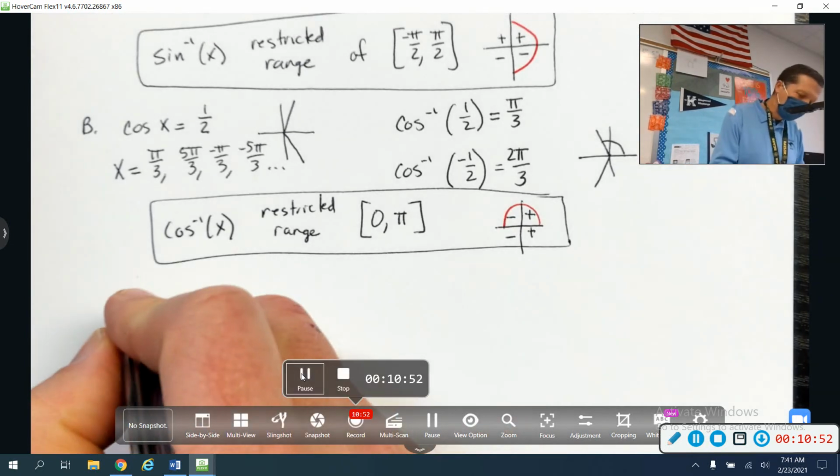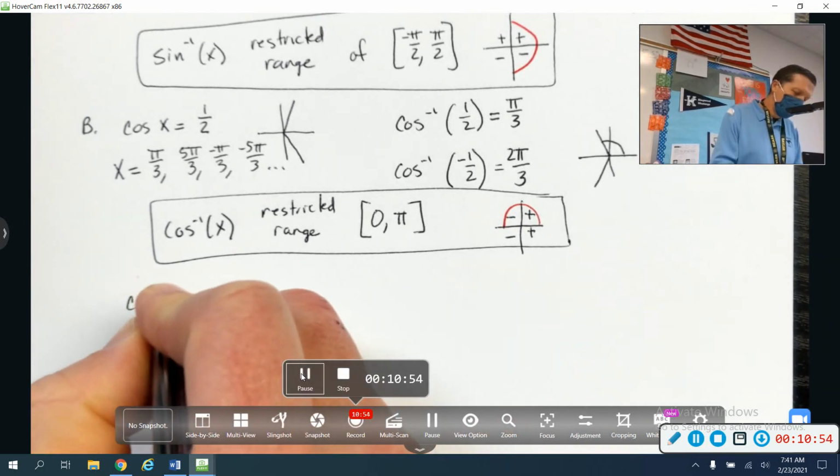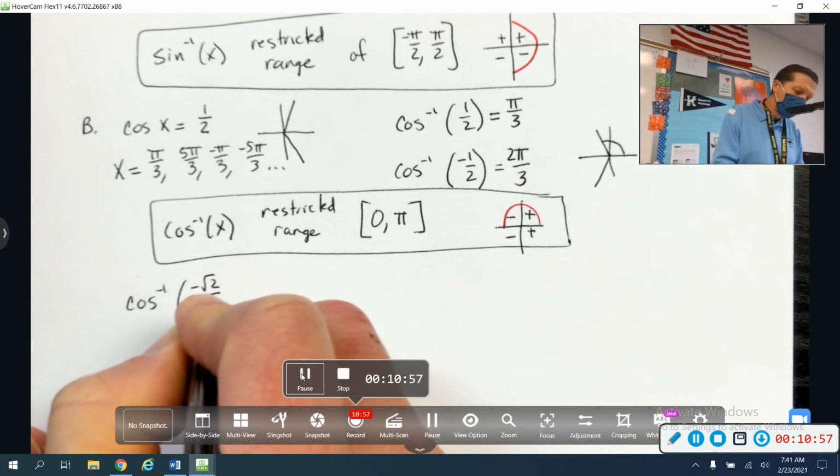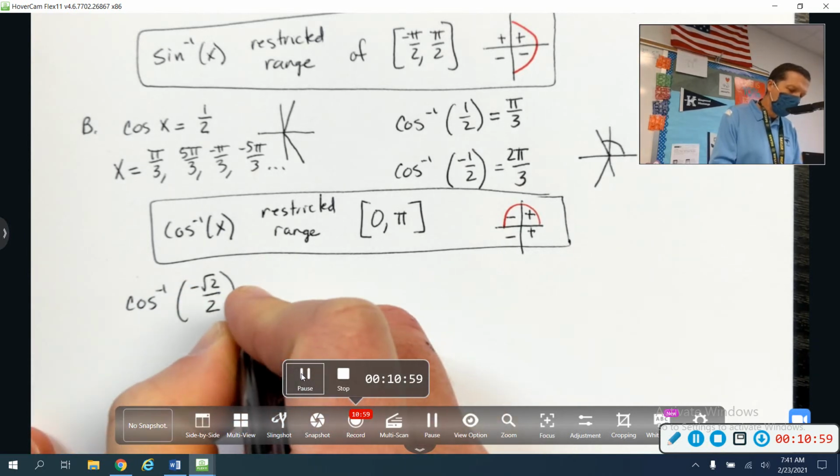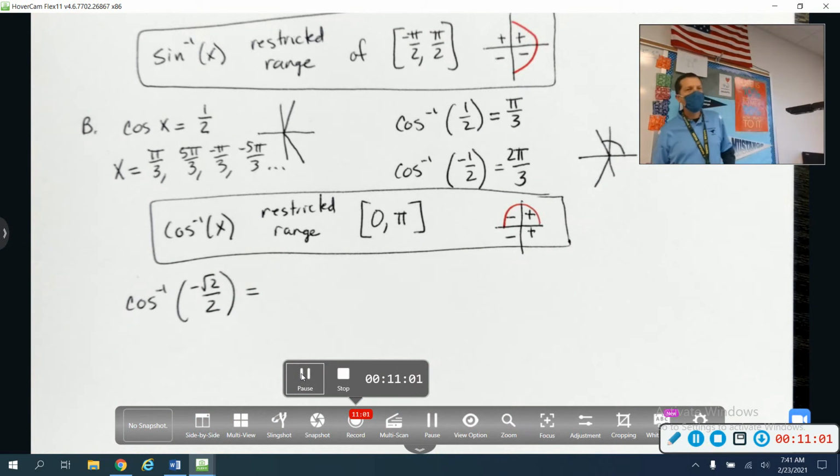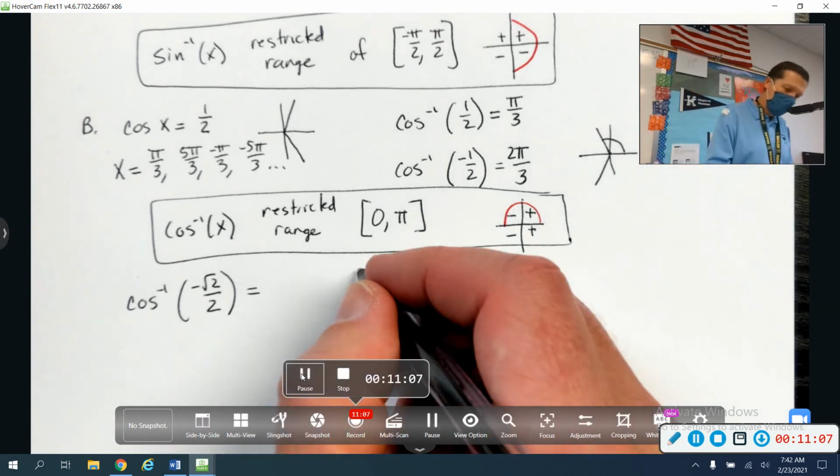In fact, let's try another one of those. Let's do the inverse cosine of negative root 2 over 2. So I want to find an angle whose cosine is negative root 2 over 2.